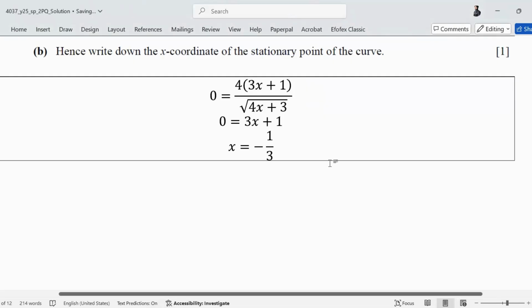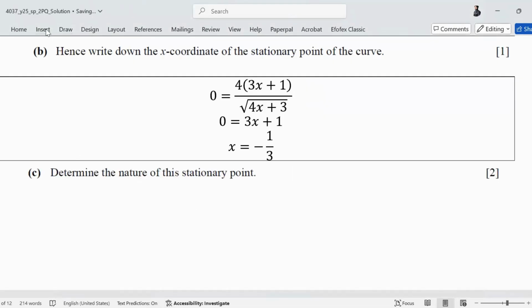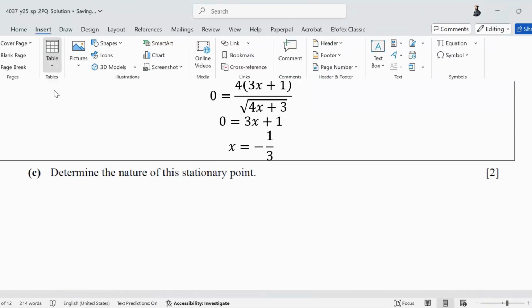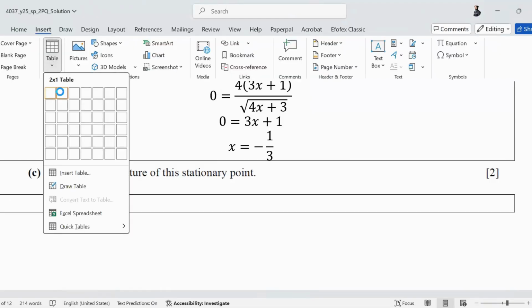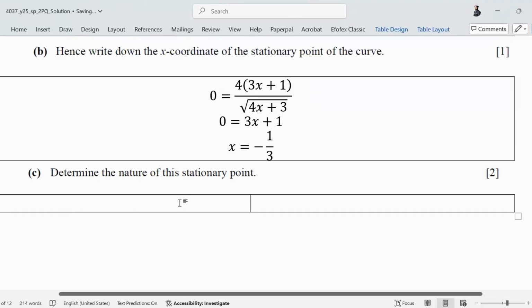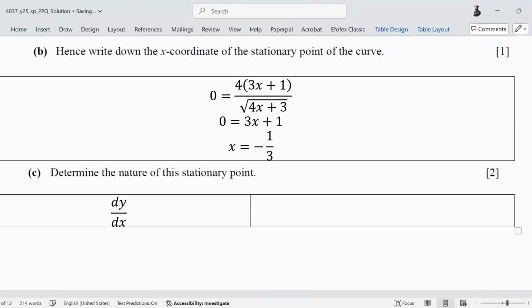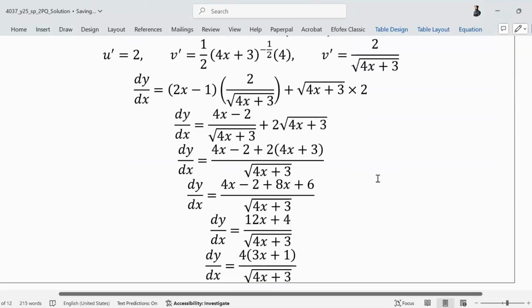Now, the question is asking the nature of the stationary point. Rather than differentiating it again, we can use the first derivative to find the nature. The stationary point is when the value of x is minus 0.3333. We can figure out the derivative before this one.